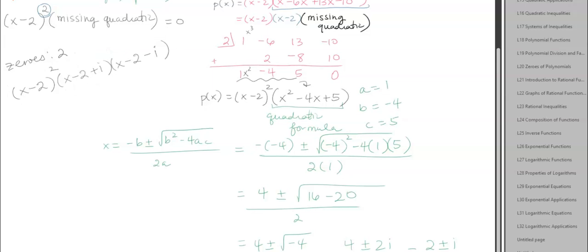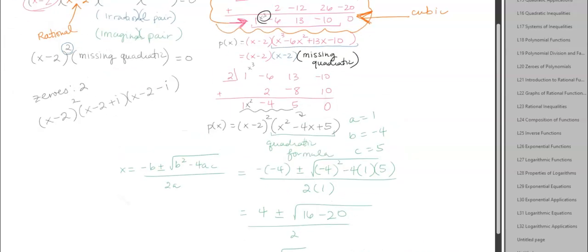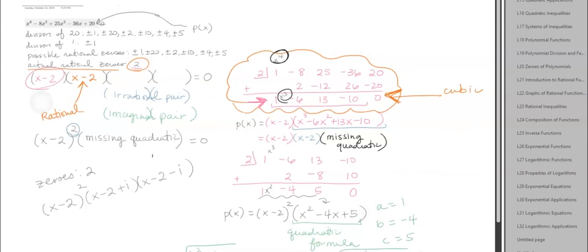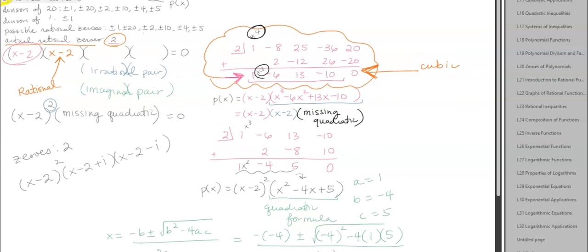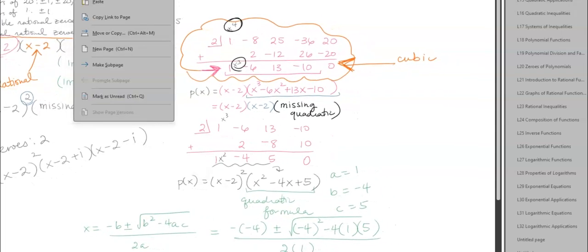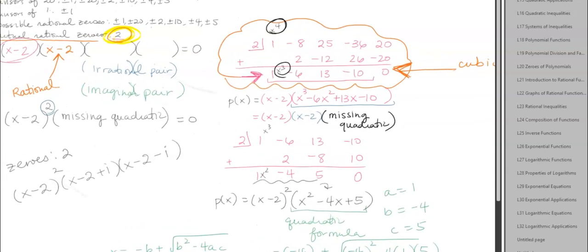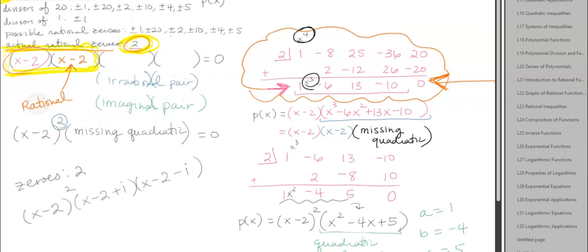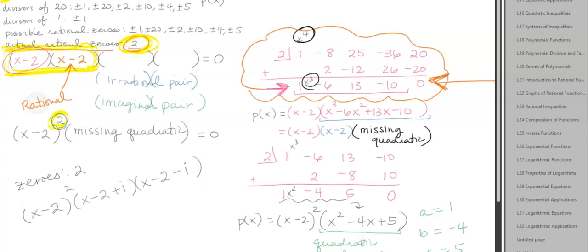So the whole takeaway I want you to take from this video is that if you start with a 4th degree polynomial and you run the rational zeros test and you only find 1 zero, it has to be the case that if you're missing 3 factors at this point, that one rational zero showed up twice, with multiplicity 2.